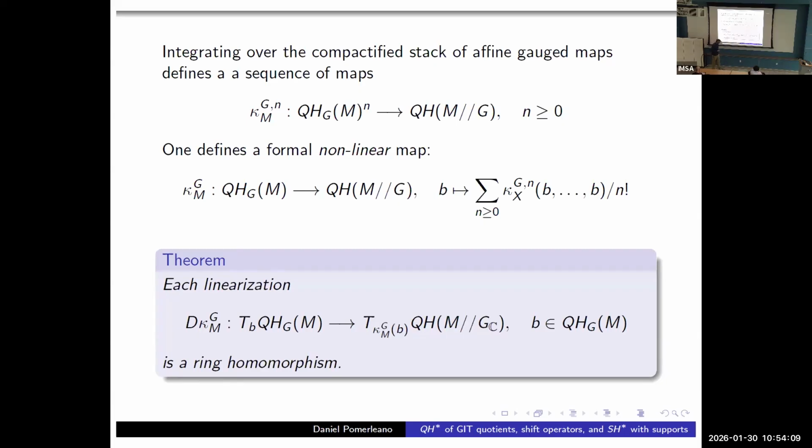You just form this series, and that gives you a nonlinear map between the equivariant quantum cohomology of M and the quantum cohomology of the quotient.